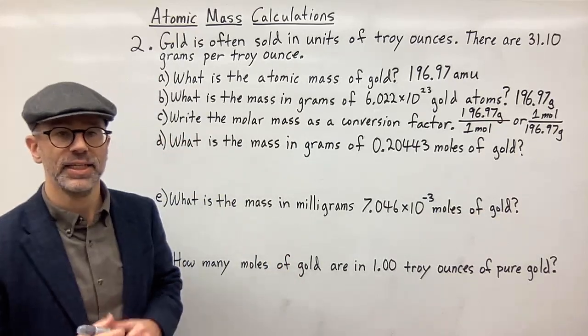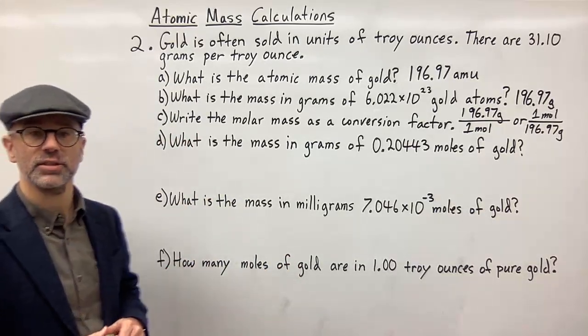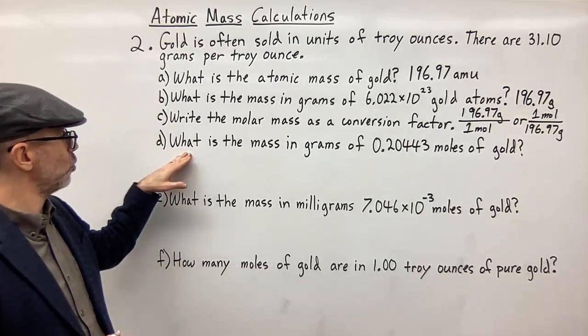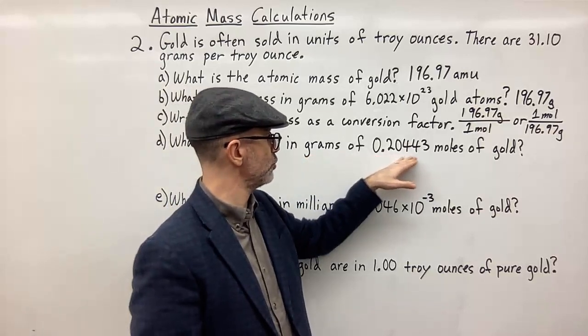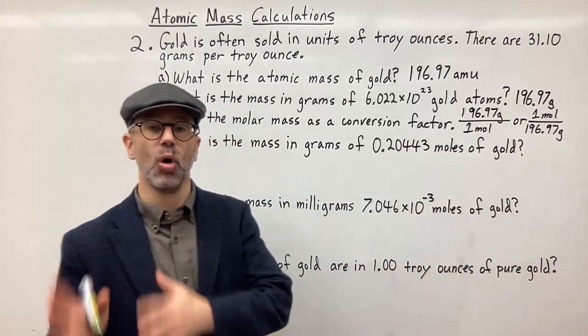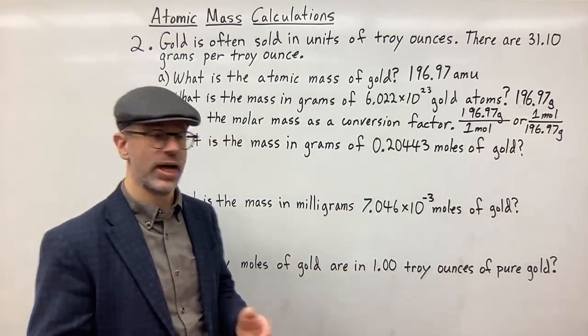Okay, next question. Now we're going to start to get into calculations. So the first question here is, what is the mass in grams of 0.20443 moles of gold? So they want me to convert from moles of gold to grams. I'm going to have to use the molar mass to do that.